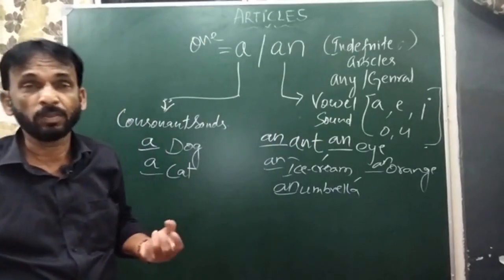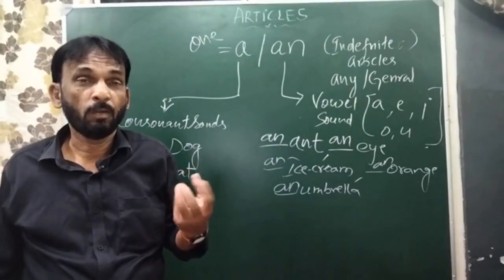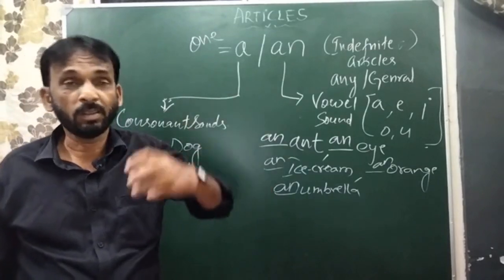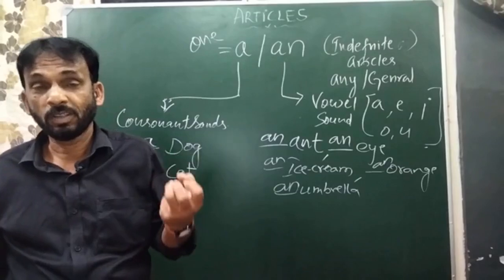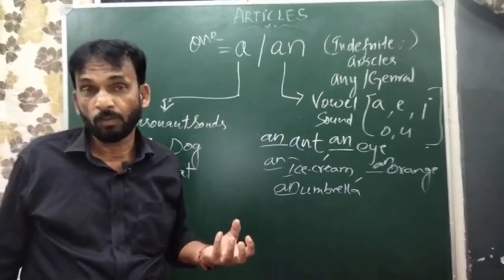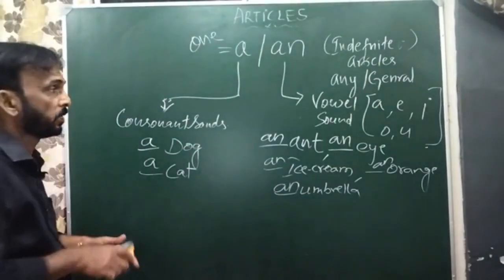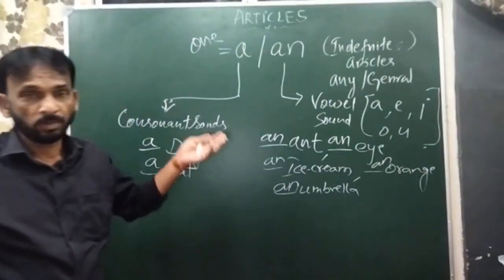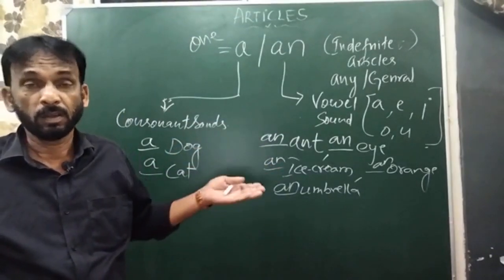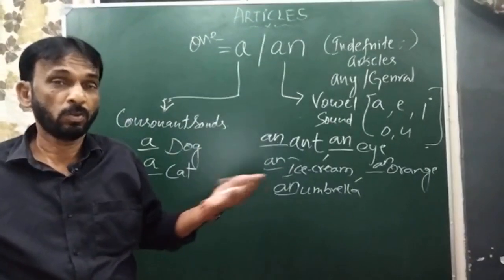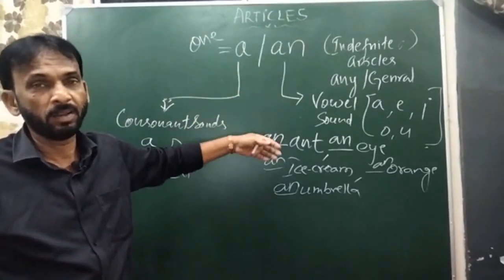There are some nouns which start with consonants but produce a vowel sound, and on the other side there are some countable nouns which start with vowels but produce a consonant sound. I will explain with examples. If you want to write it down, pause the video and write it. At the end of this video lesson I will give you notes, the bullet points, the important points regarding a and an articles.